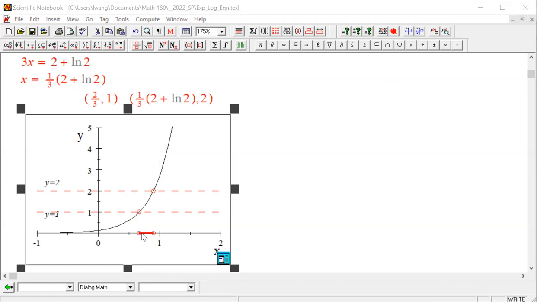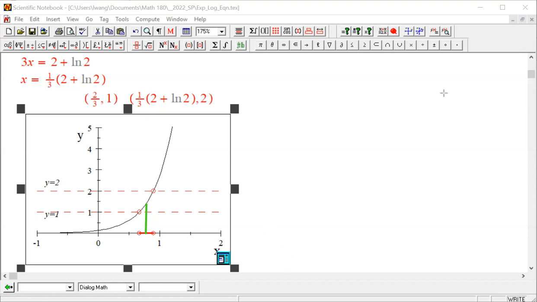In this little piece, between 2/3 and 1/3 of 2 plus ln 2, for any input, the output is between 1 and 2, larger than 1, smaller than 2.